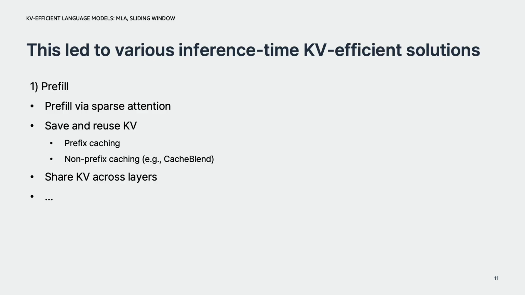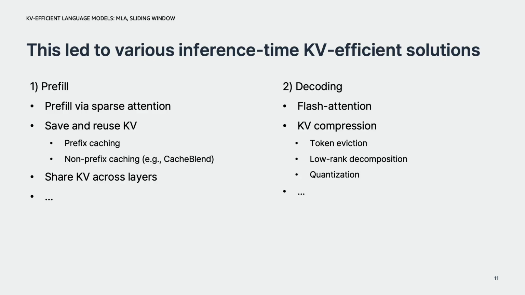Another solution is to save and reuse KV instead of calculating it every time. The examples include prefix caching and non-prefix caching, for example, CacheBlend. There are also KVs across the transformer layers, so you can think of a solution where KV is shared across the layers. And for decoding, flash attention is the prime example.